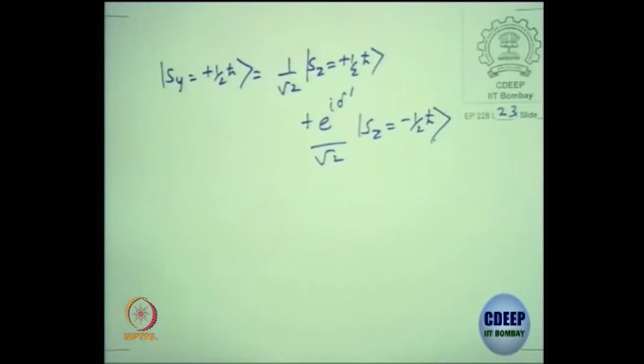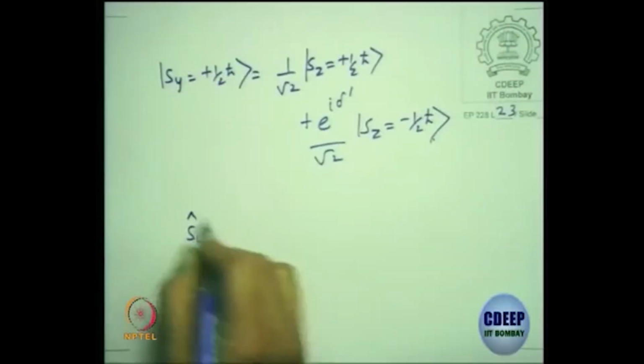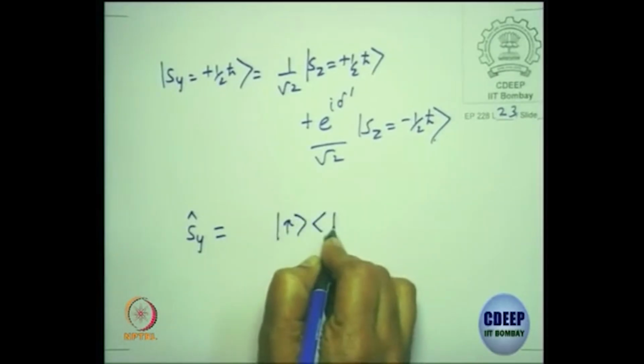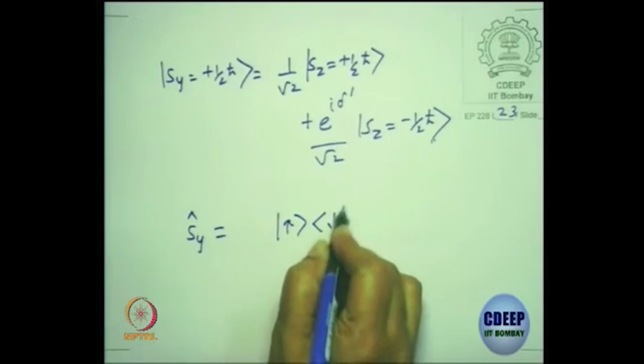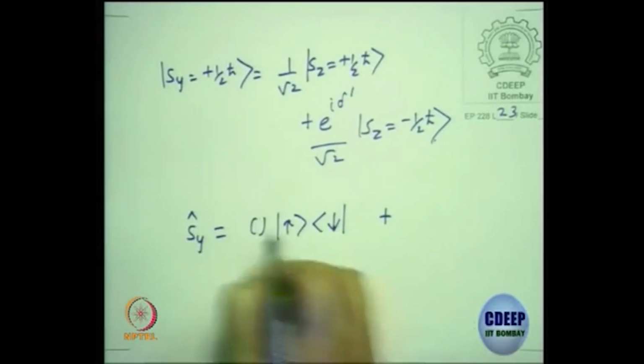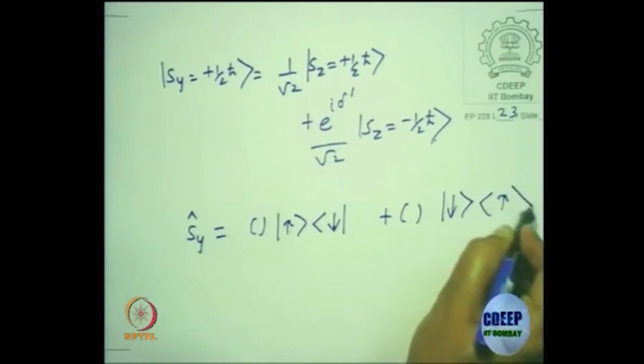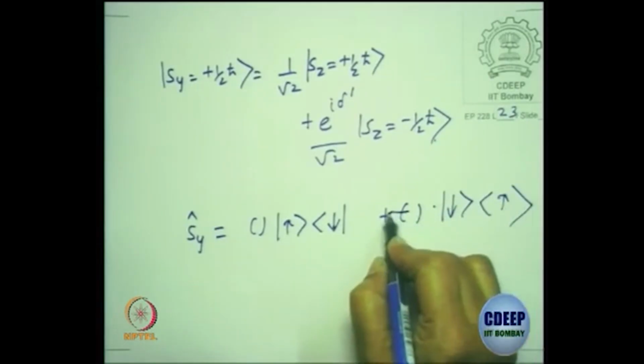The way I wrote it for the Sx states in terms of the eigenstates of Sz, I can also write Sy states in terms of the eigenstates of Sz, and do the same things the way we did and fix what the Sy operator is. Again it will be up, down with some coefficient, and with another coefficient, down, up.